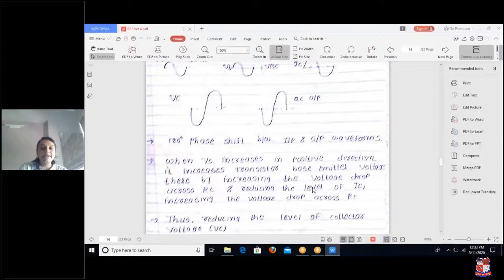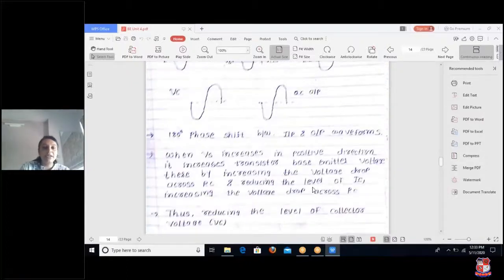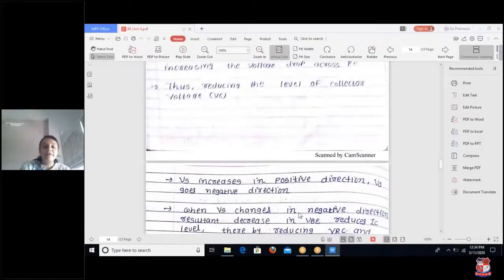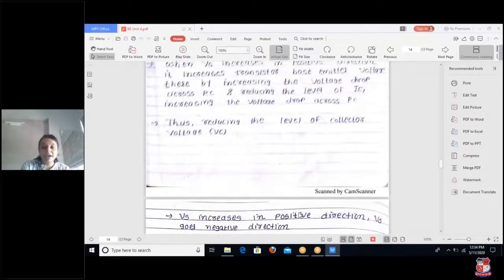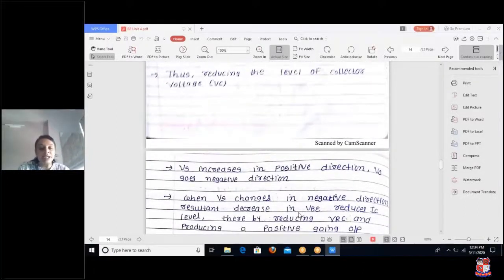So your collector current increases, but at that time the voltage drop across RC reduces the level of the collector voltage. So when Vs increases in a positive direction, the output goes in the reverse direction.